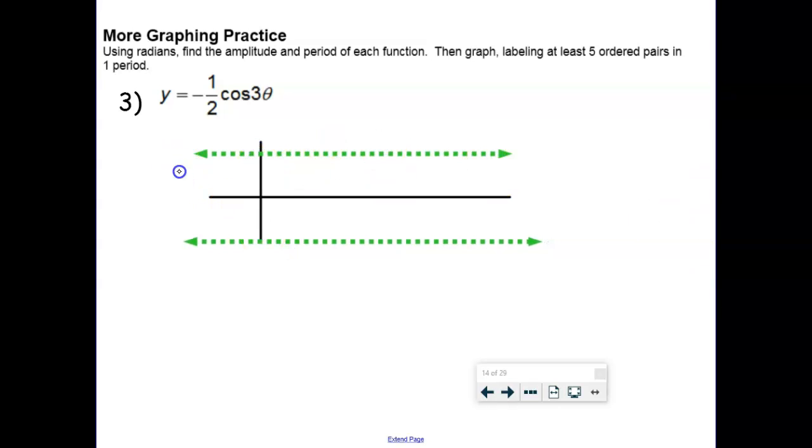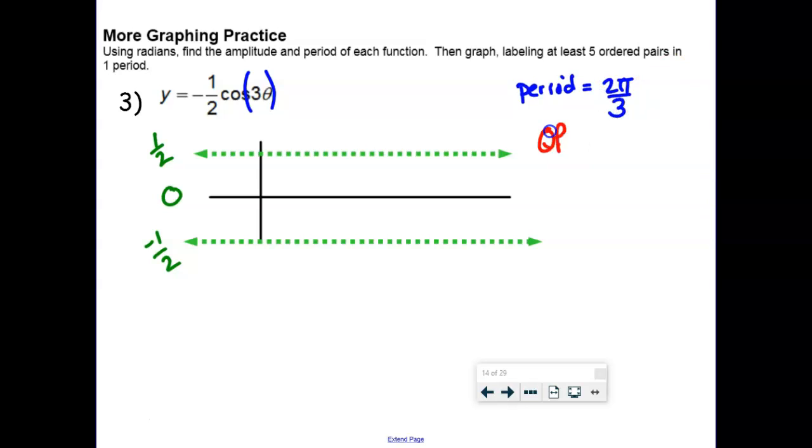Little labels. I know my midline is 0. What are my maximum and minimum lines? And then extra weird here, we have a period length that is most definitely not 2 pi anymore. Yeah, 2/3 pi. Okay, so that's weird.